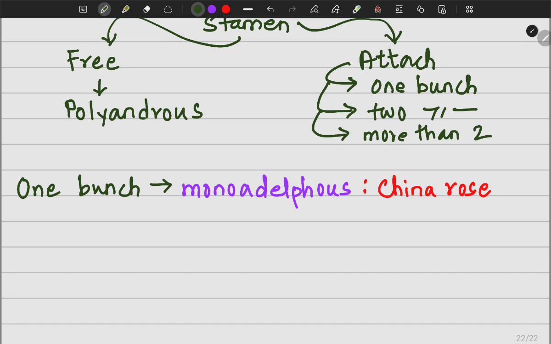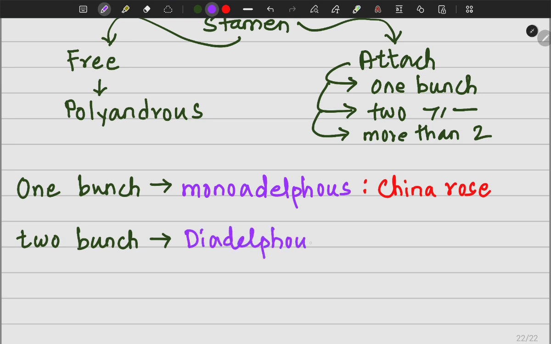Then if the stamens are joined together into two bundles or bunch, such condition is called diadelphous. Example is pea.